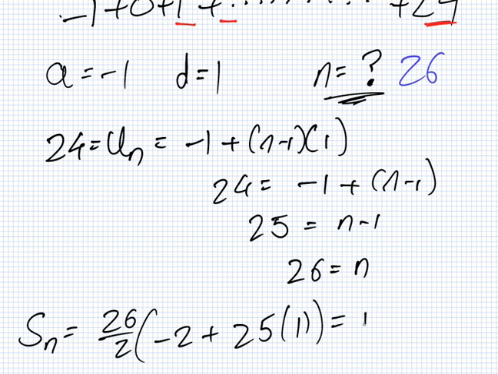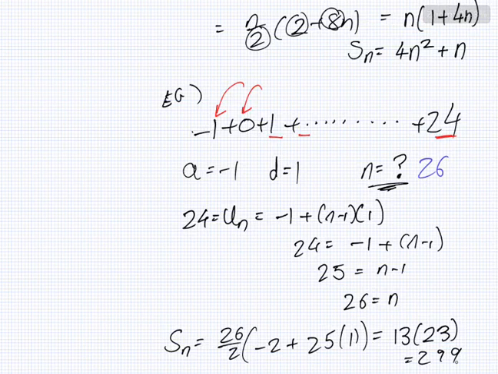So that will be 13 times 23. So what's that? That's 230 plus 69. So 299? Is that right? Can someone check? Yeah. So if you add all of these together, you get 299.